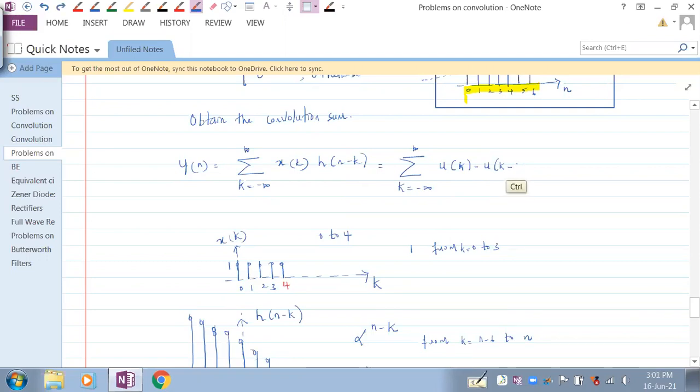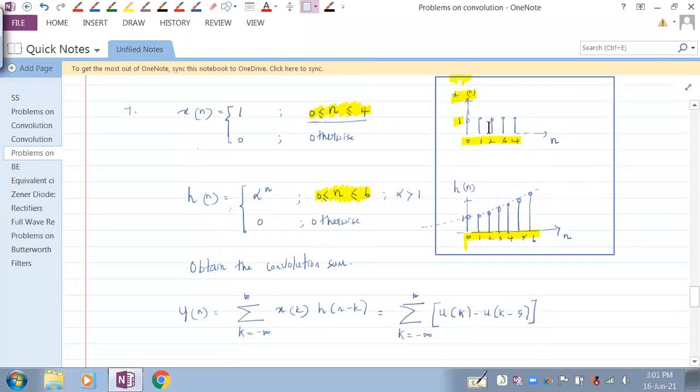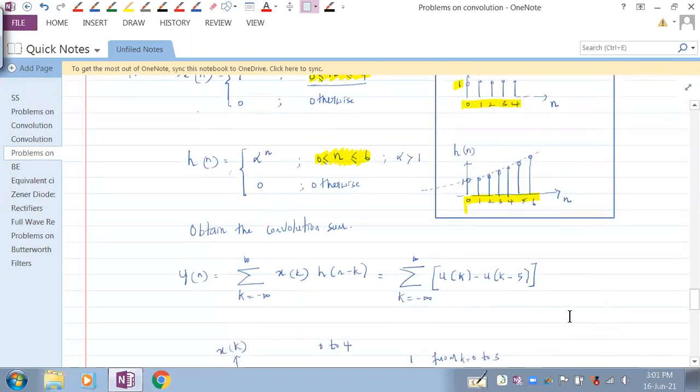That's why I didn't want to write this, it will be a little confusing. Can you tell me the range of this? This signal is u of k minus u of k minus 5. Into what is h of n minus k? H of n minus k is alpha power n minus k.